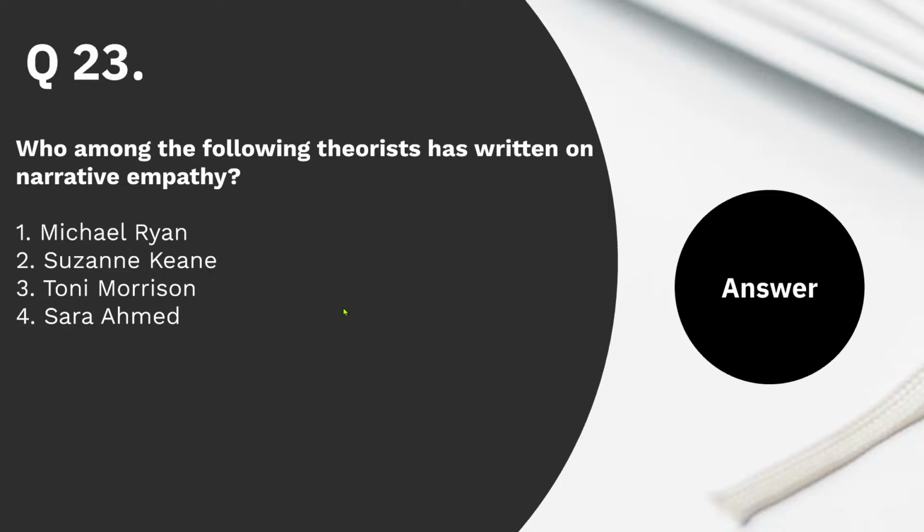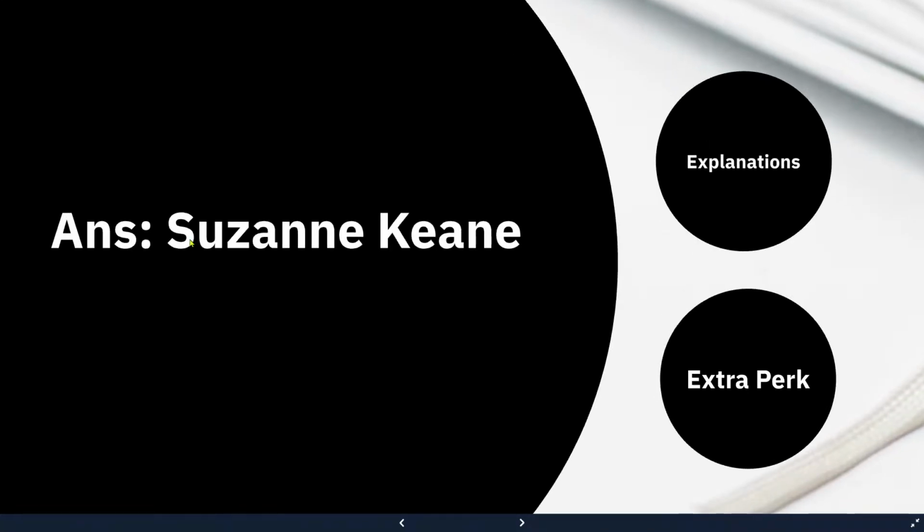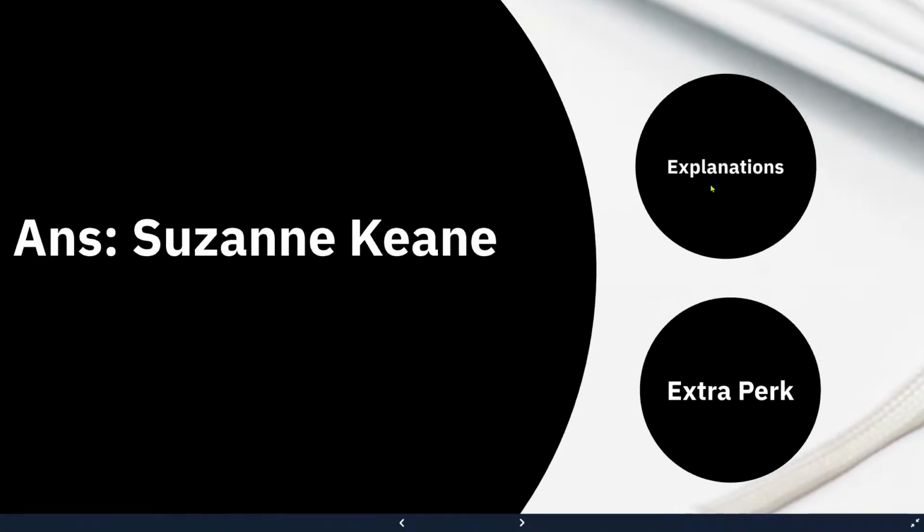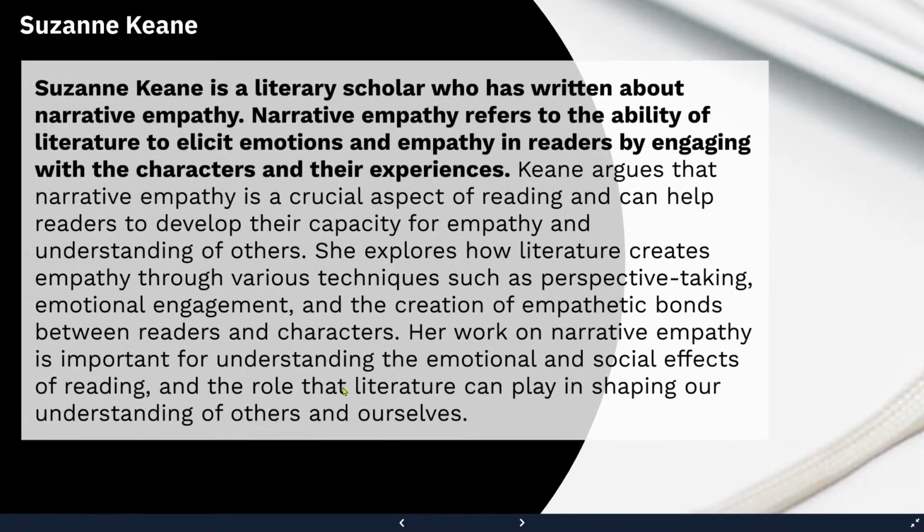So yeah, don't miss the opportunity. Whatever you think is correct, you can just write. So the answer here is Suzanne Keen. And the explanation says Suzanne Keen is a literary scholar who has written about narrative empathy.